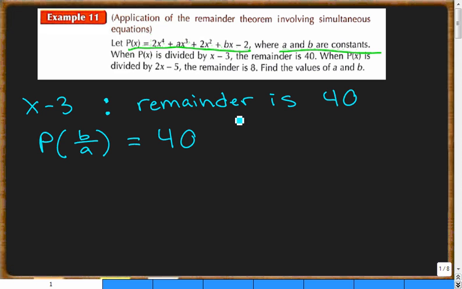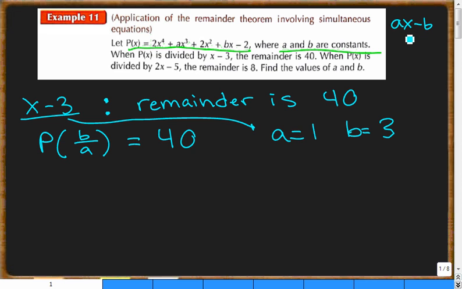Based off this example, we know that a is going to be 1 and b is going to be 3, because remember, ax minus b is the form for our divisor. So we end up with these two numbers.